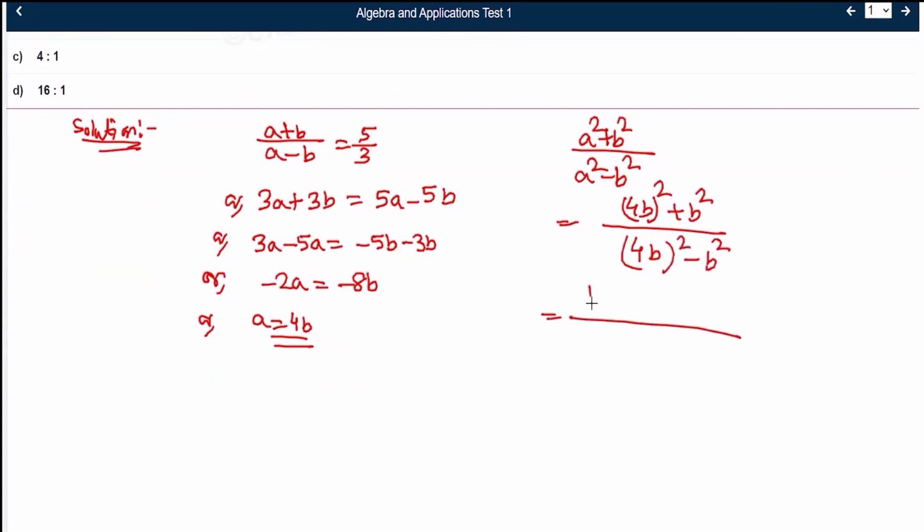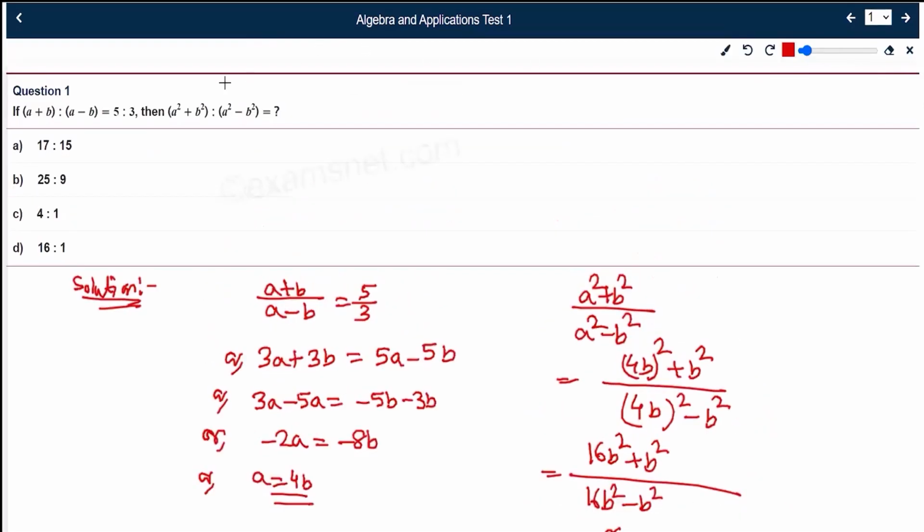It will give us 16b square plus b square, 16b square minus b square. Now it becomes 17b square by 15b square. Both b square will get cancelled and we will be left with only 17 by 15. So the value of the ratio is 17:15. Option A is the correct one.